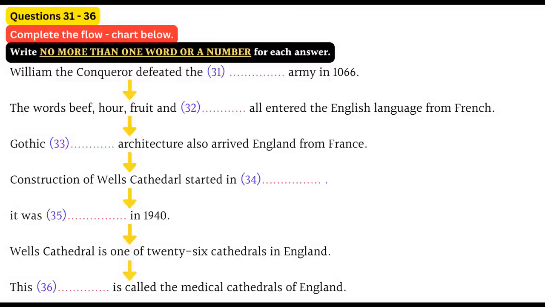The peace that ensued in England had a large impact on many aspects of daily life. Thousands of French words entered the English language for the first time, such as beef, fruit, city, and hour. French ideas and styles, like Gothic, also began to flow across the Channel to England too, examples of which can still be seen in the architecture of many listed buildings.